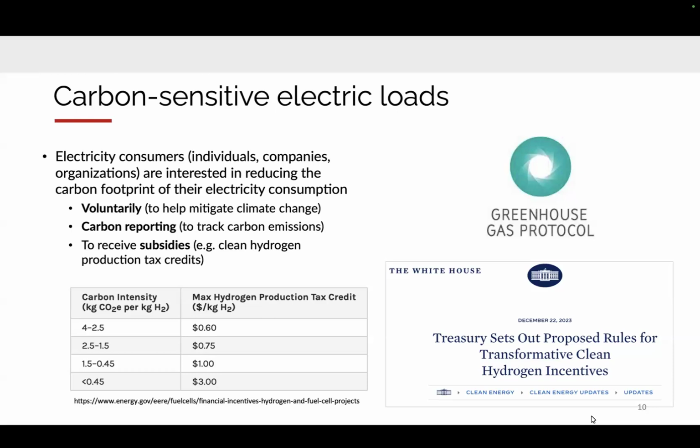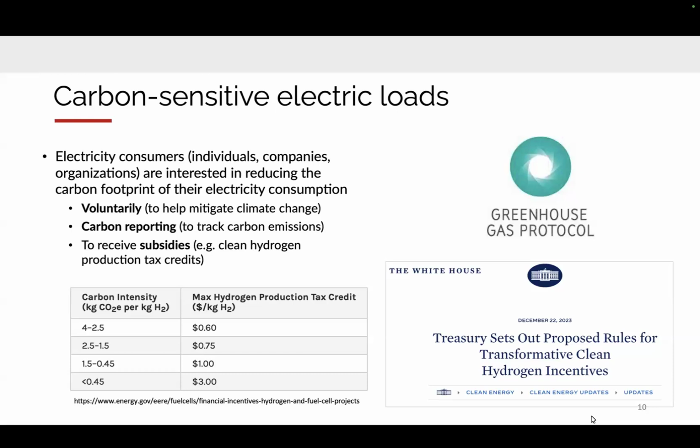When we're looking at clean hydrogen production, there have been production tax credits outlined where how much you get as a production tax credit is really strongly correlated with the carbon emissions of the electricity that goes into the electrolyzer that produces this hydrogen. So you can see in this scheme that there's a really strong incentive to achieve very low carbon emissions, which means that you need to demonstrate that you have access to really low carbon electricity. And this is an example from the US.